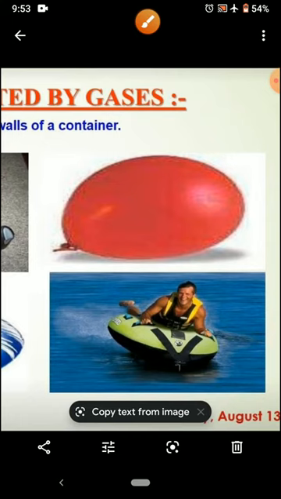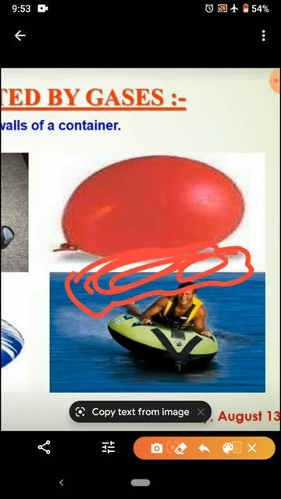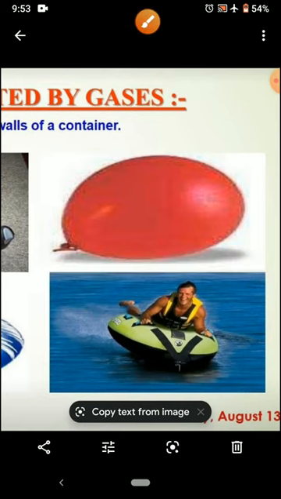But when we deflate it, that means we remove the air, it will not be in the shape of a boat. It will be just like a piece of rubber, or a piece of cloth. It will not have the shape of a boat, and it will not help in moving on the water.